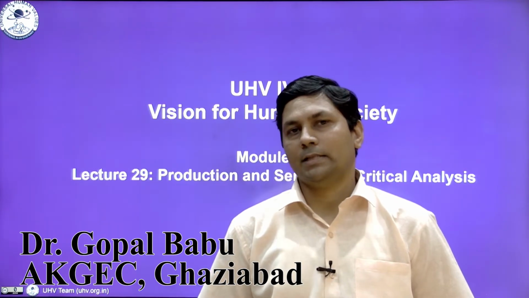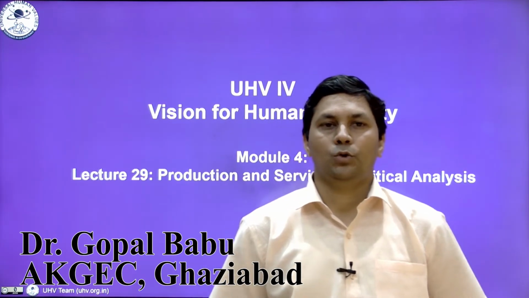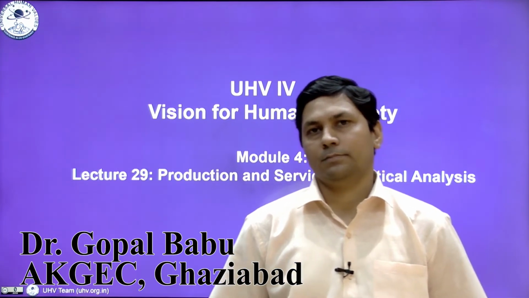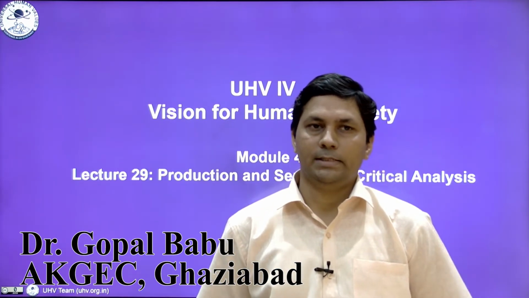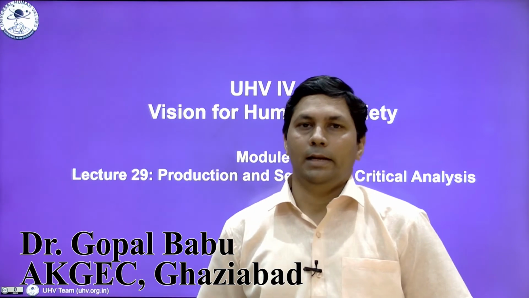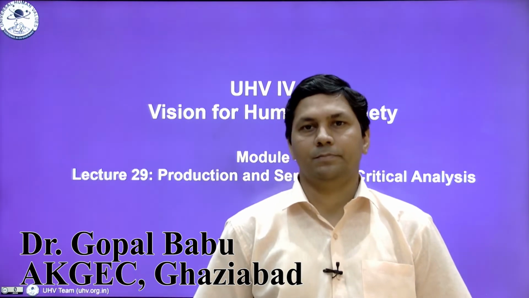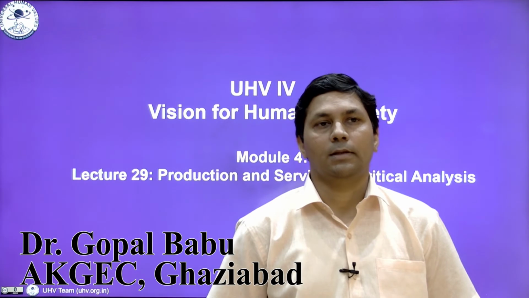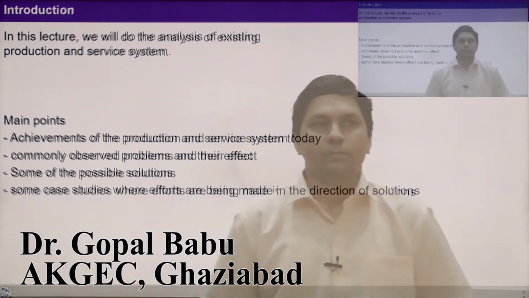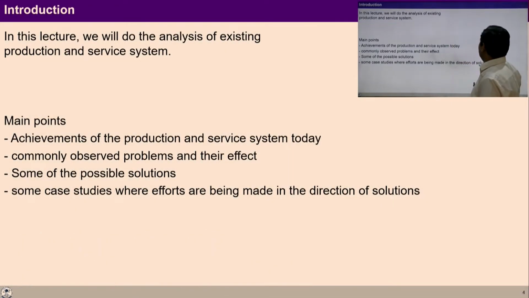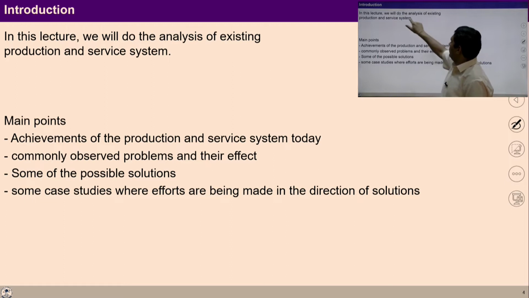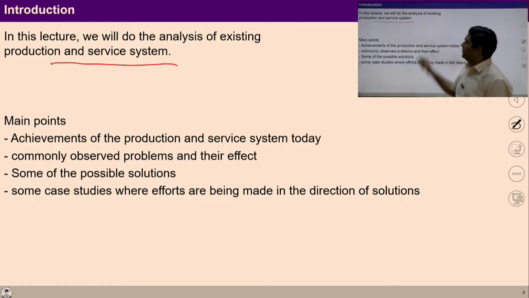So basically in this lecture we are going to critically analyze the prevalent production and services related to production processes. So let's see. In this lecture, as I told you just now, we will do analysis of the existing production and service systems.